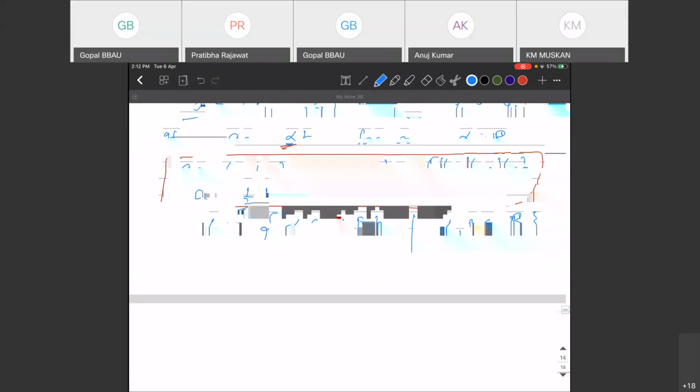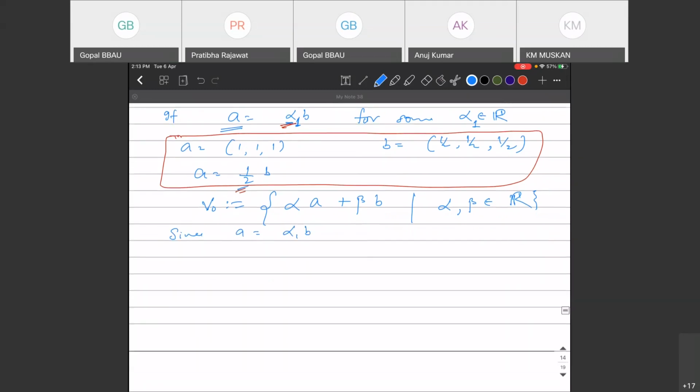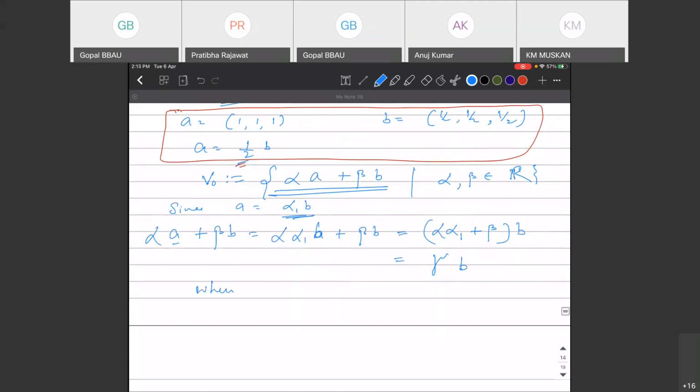But you know A is written as alpha 1 B. So since A is alpha 1 B, you may write this expression as alpha 1 B plus beta B. You consider the expression alpha A plus beta B, and you replace A by alpha 1 B. So it will be alpha 1 B plus beta B, which is nothing but (alpha 1 plus beta) B, which is some gamma B, where this gamma is alpha 1 plus beta. This is again a real number.